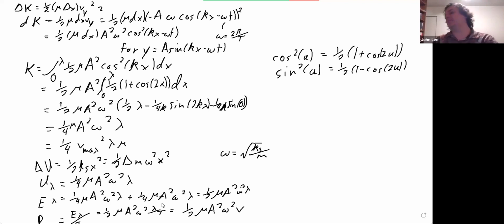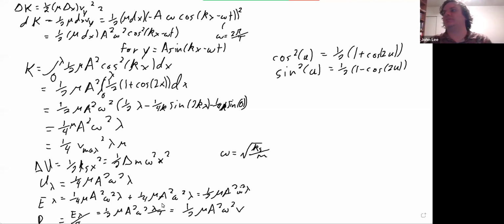And that tells us the amount of energy in any wavelength at a given time. So the way that we find the power, or how much that energy is going to affect you, if you're listening at a loud concert, or getting knocked over by a wave, or light's traveling to get you, is 1/2 mu A squared omega squared lambda over T, because it's just the energy divided by the period.